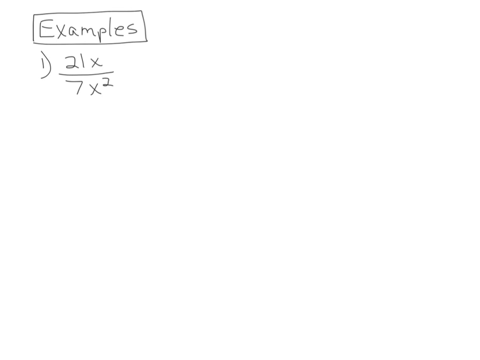It's pretty much factored already, but you could rewrite the numerator. You could write 21 as 7 times 3, and then times the x. And then underneath, you could think of that as 7, and then times x squared, which would be x times x.